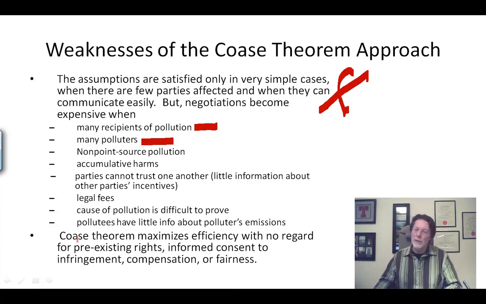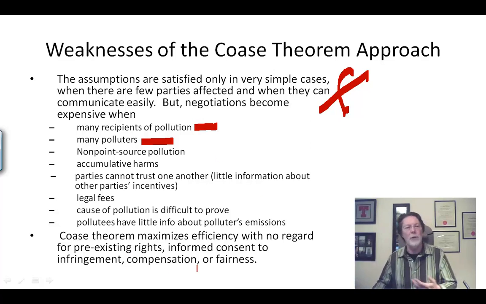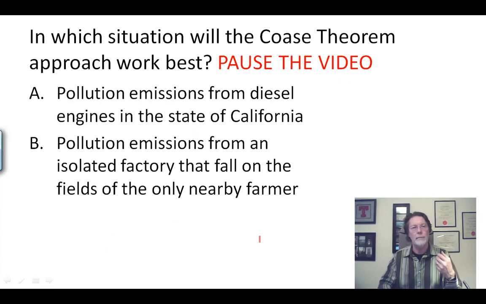The Coase theorem, of course, also maximizes efficiency with no regard to pre-existing rights, as though maybe Carol had a pre-existing right, informed consent to infringements, compensation, fairness, and all those other things. Okay, so the Coase theorem works in theory, but in practice it has limited value in justifying free market environmentalism.